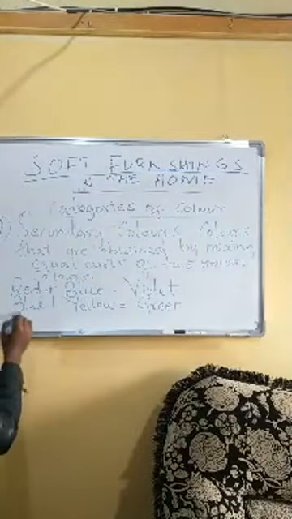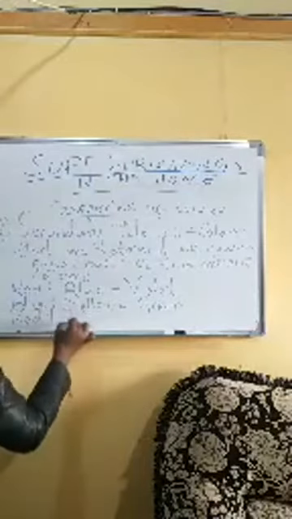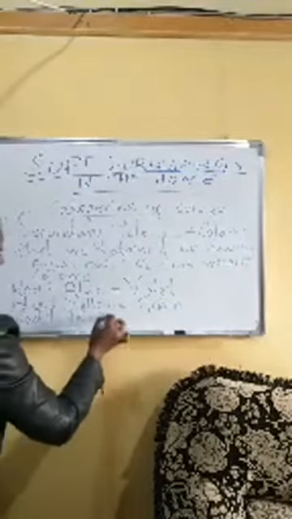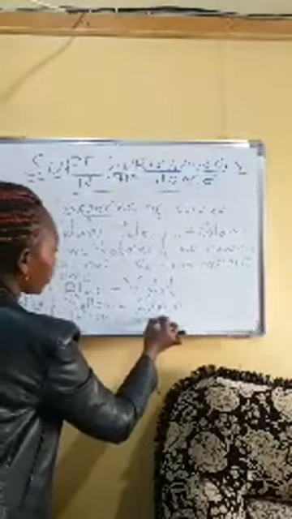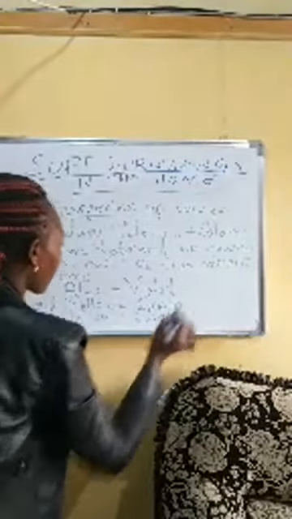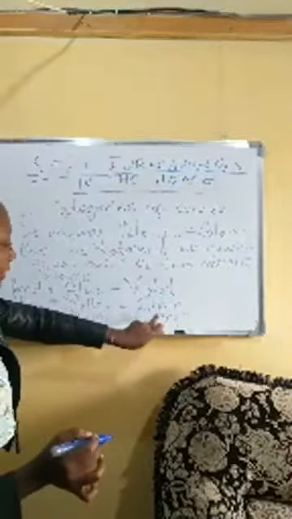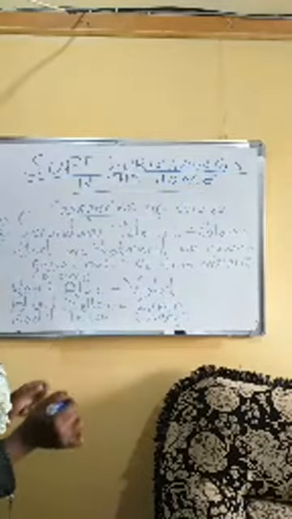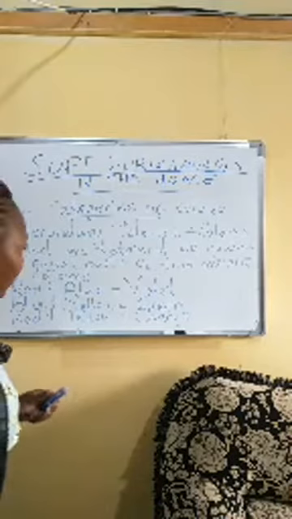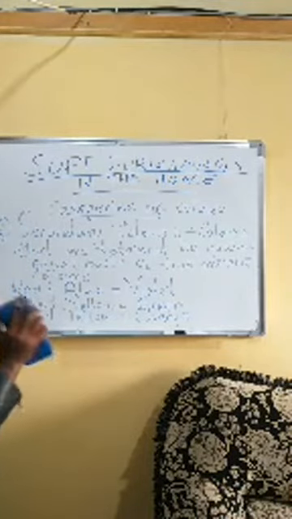Red plus yellow, you obtain orange. So our secondary colors here are violet, green, and orange. Those three. So two equal parts of primary colors give you a secondary color.